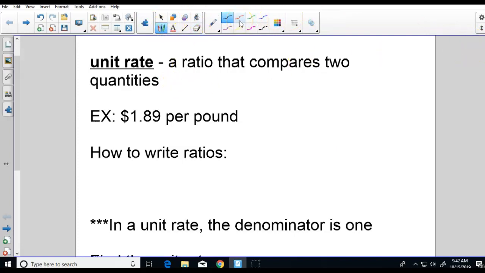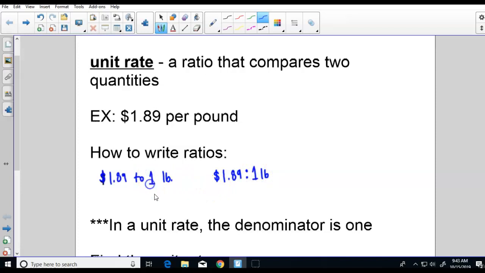There are 3 ways that we can write a ratio. The first way that we can write a ratio is we can use words. We can write it like this. $1.89 to 1 pound. We also can write ratios like this. $1.89, and we can use the colon, 1 pound.